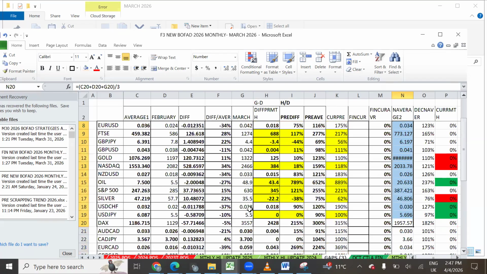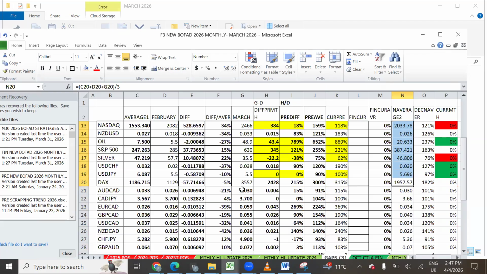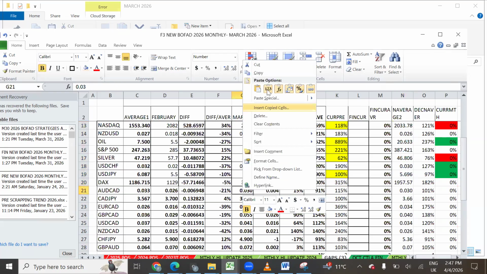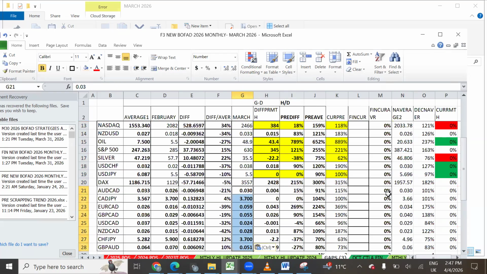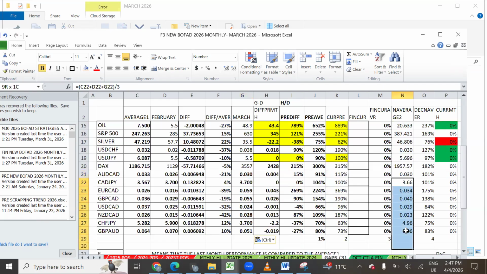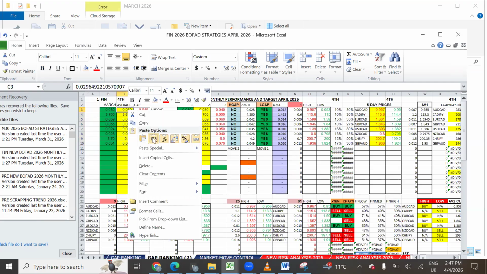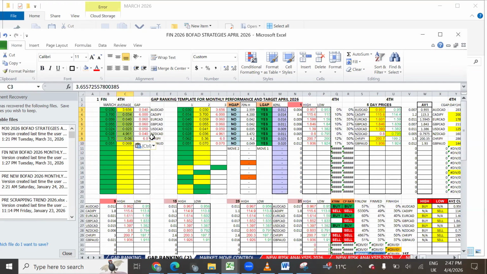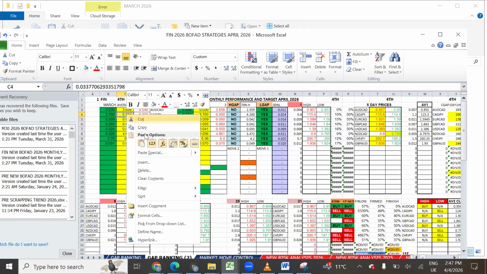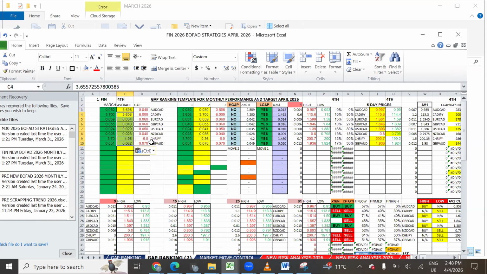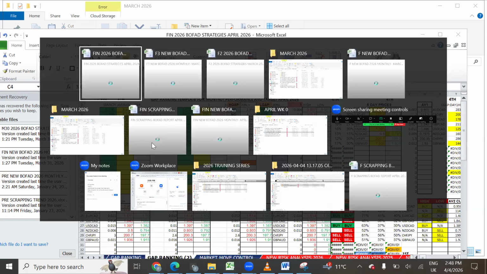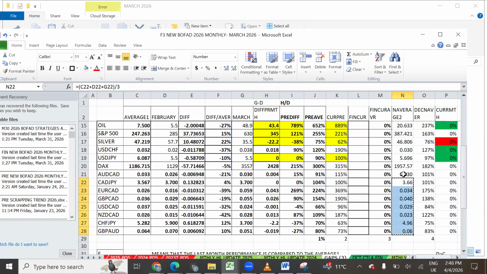And then we get the average from this part. Copy and paste there. Okay. So then copy it from the beginning. So 0.03.